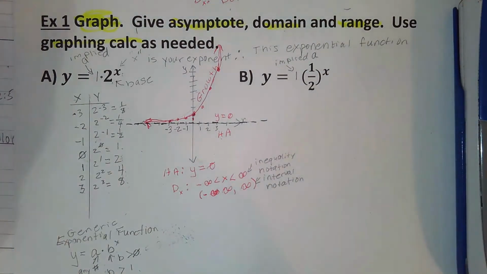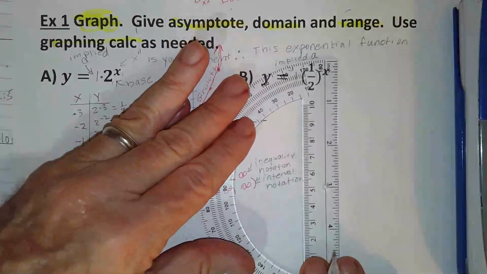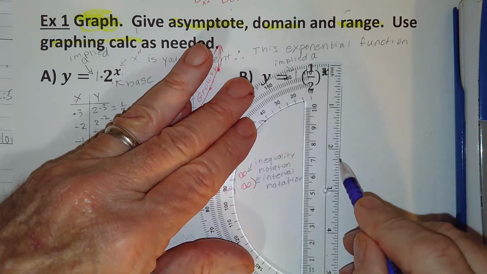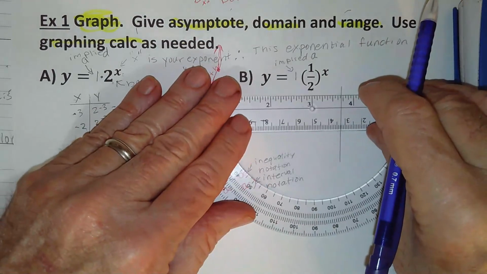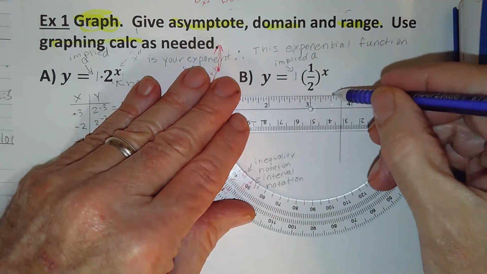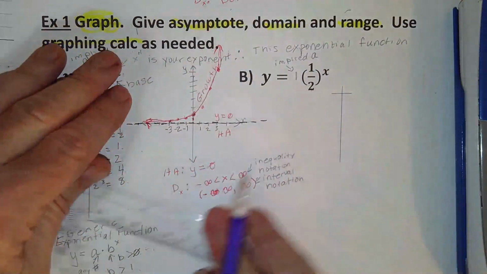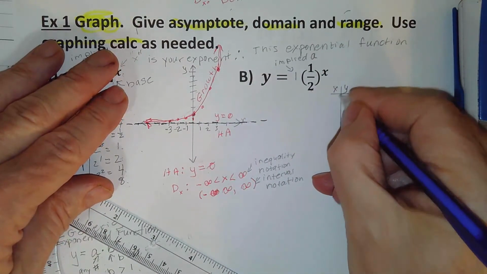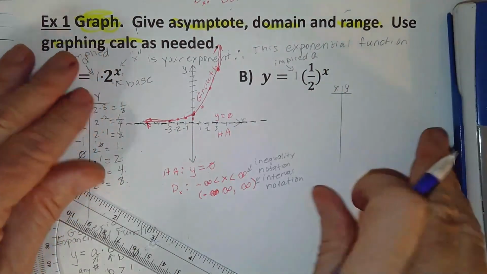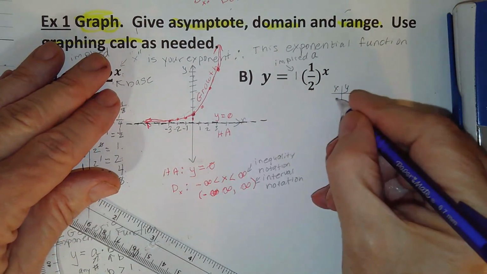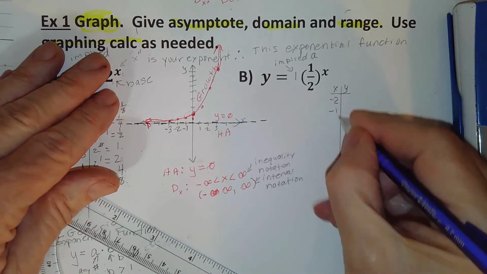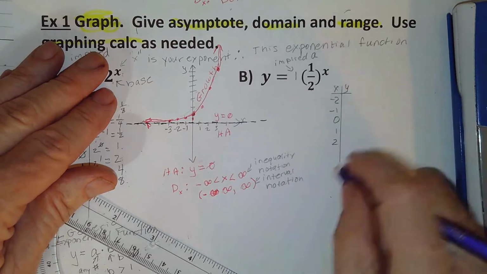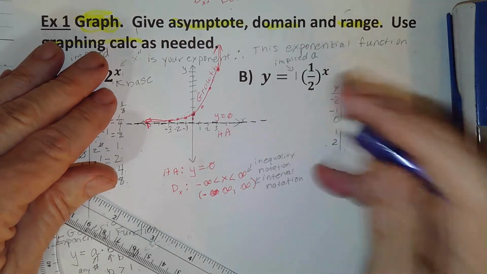Let's go ahead and set up a table of values. All right. So in this case, I'm going to use -2. This is my axis. -2, -1, 0, 1, and 2. And we don't need to go any further than that, so I'll just cut that off.